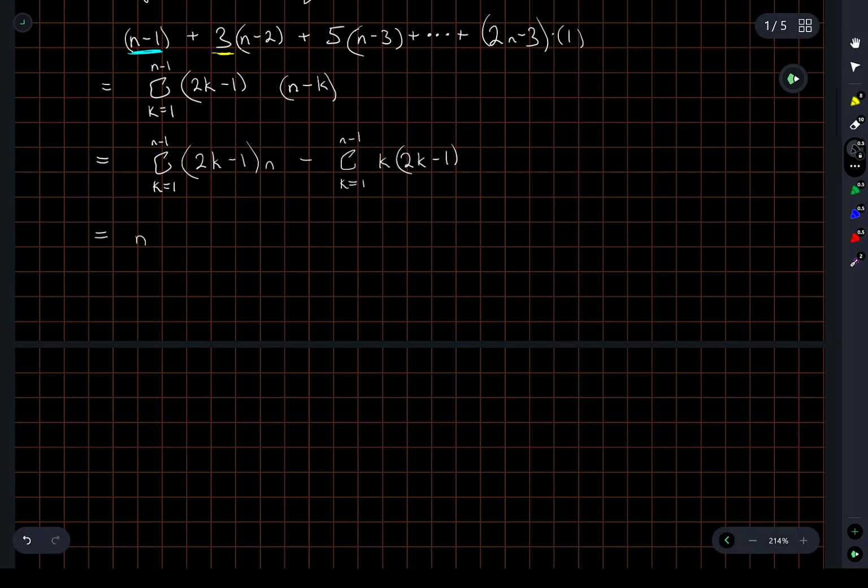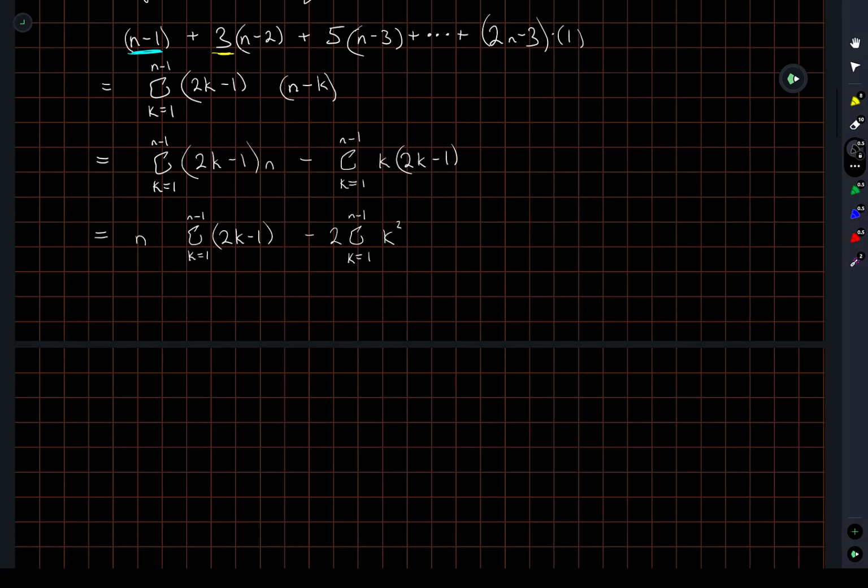So n factors out of this, and I simply have here a sum of odd numbers. When you add up consecutive odd numbers, you always get a perfect square. So we should have a closed form expression for that. It'll be a perfect square depending on n, but we'll come back to that in a moment. And I have here k going from 1 to n minus 1 of k squared with a factor of 2 in front.